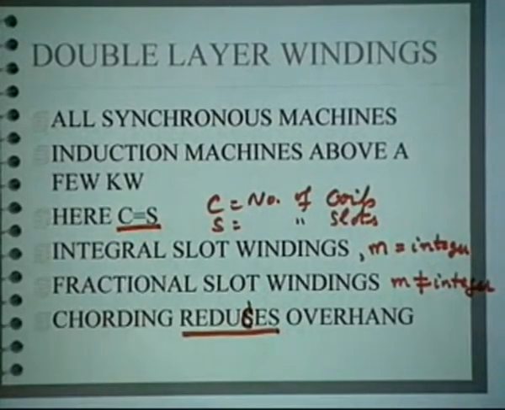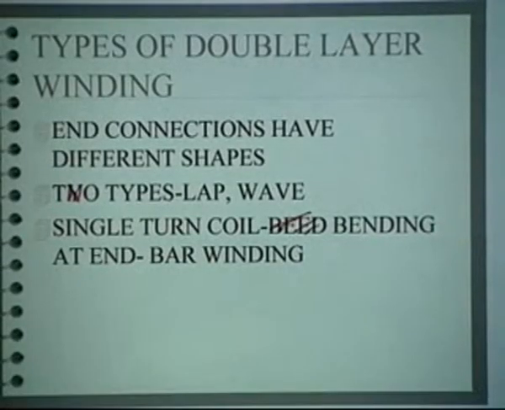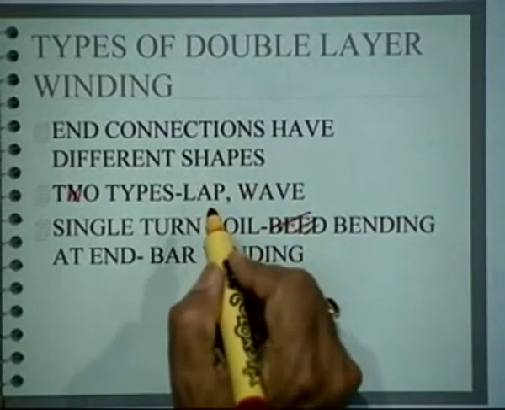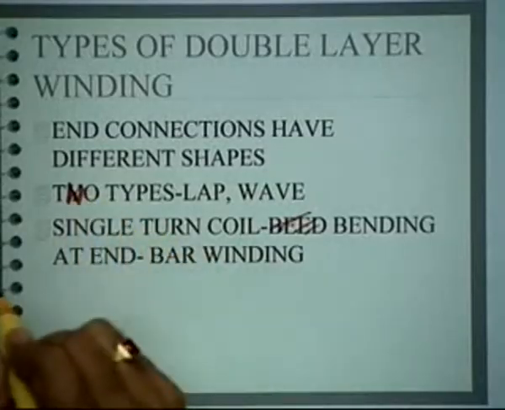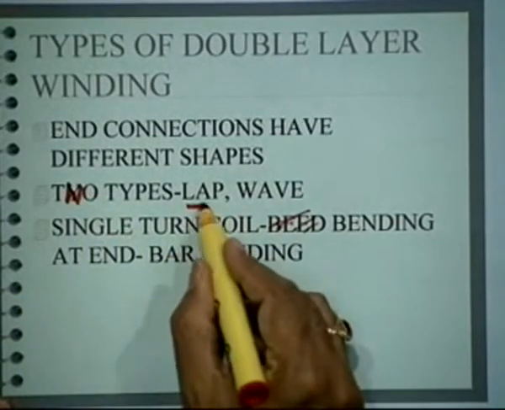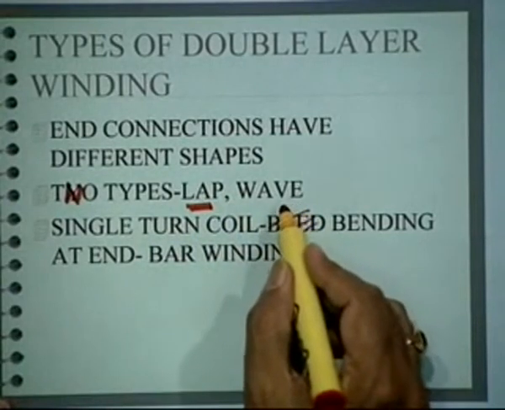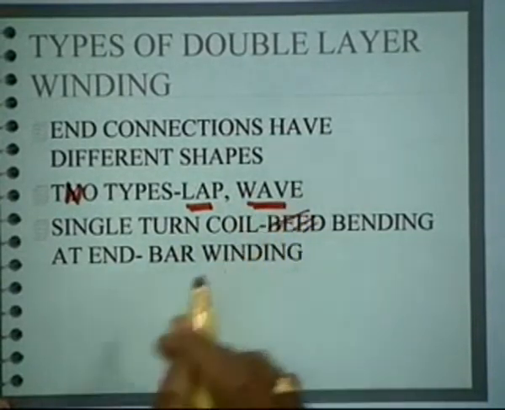Then, types of double layer winding: you have end connections with different shapes, because at the end there are different ways in which you make the end connections depending upon the requirements. Now, there are generally two types of windings. One we call a lap winding, another we call a wave winding.